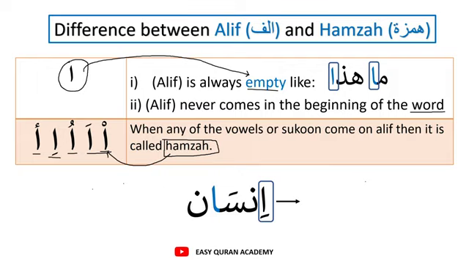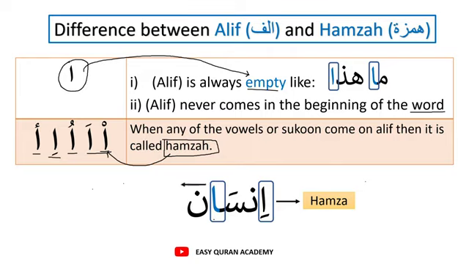Okay, here we have insanun. So what is this? Is this alif or Hamza? Hamza, excellent. And why is it Hamza? Because it has a vowel sign on this. So this is Hamza, excellent. What about this one? Alif, excellent.